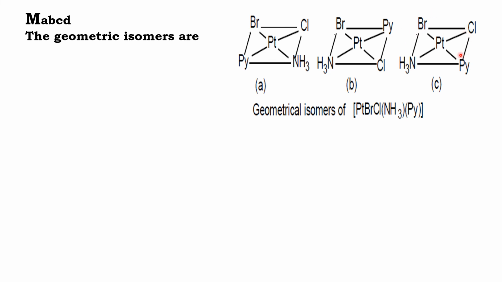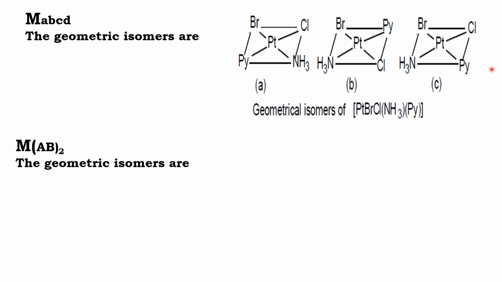Bromine is constant, changing other ligands. That means compared to bromine, the relative positions of the other ligands are changing. So MABCD, that means four different ligands, exhibits three geometrical isomers. How? By placing one ligand in a constant position and the other ligands moving relative to that particular ligand.